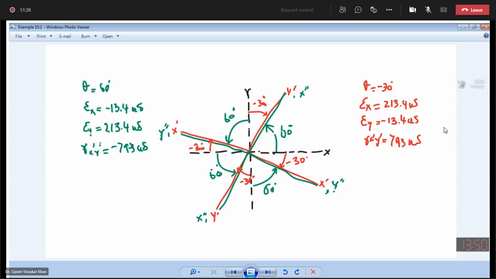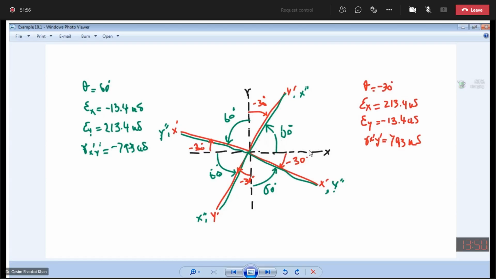Sir, minus 79.3 10 to the power -6. Always report the strains in terms of microstrains, 10 raised to minus 6. So shear strain is 793 microstrains. Now, the point which I want to explain to you: this black dotted line is your regular or actual x and y axis.